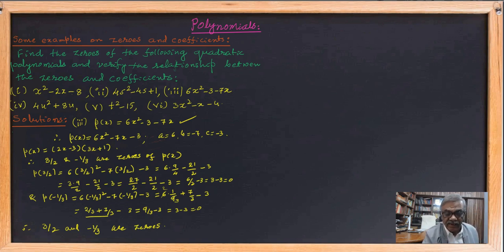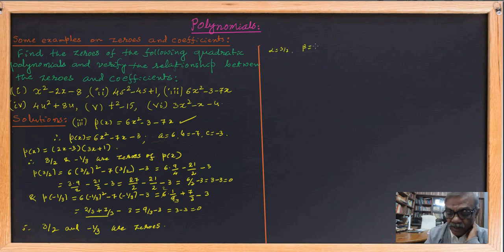Now we can see the relation between these zeros and the coefficients of the polynomial. Therefore alpha equal to 3 by 2 and beta is equal to minus 1 by 3.